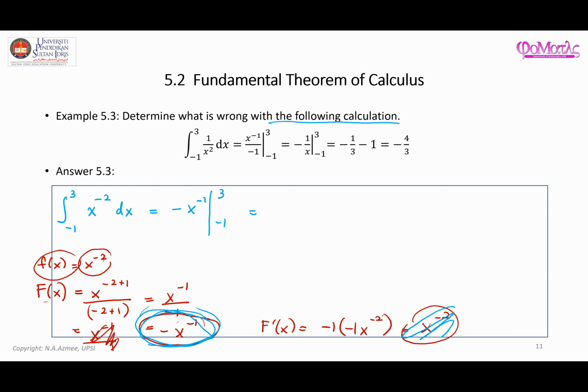Next I'm going to substitute the values. Substitute the value 3, so negative 3 to the negative 1. Then minus will be positive, negative 1 to the negative 1.